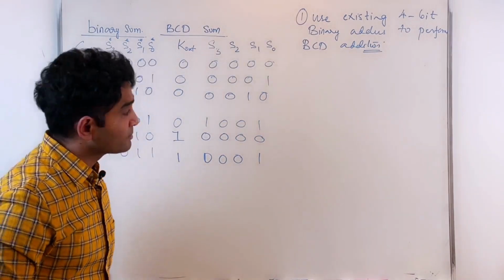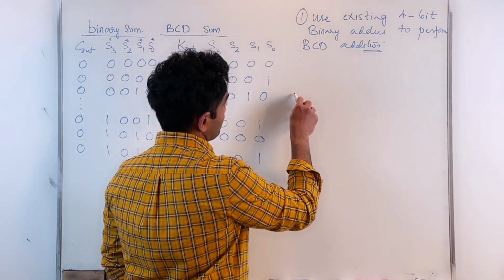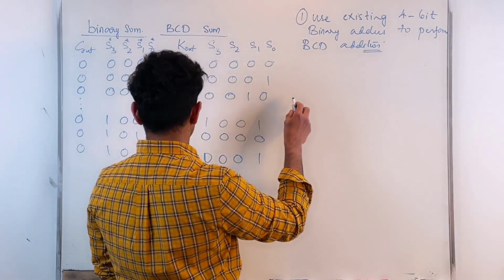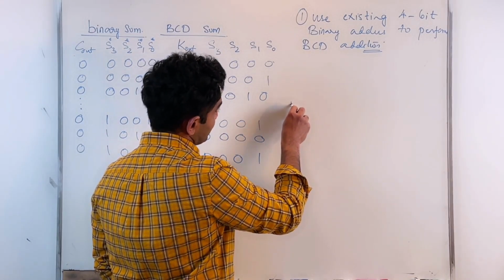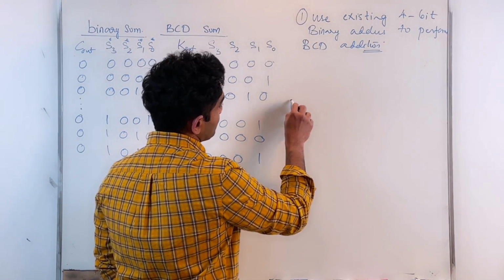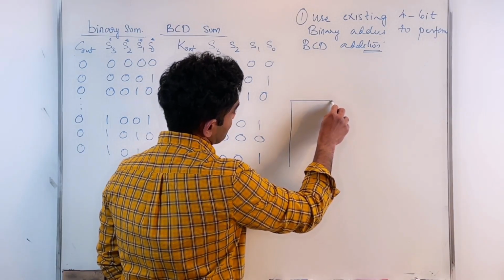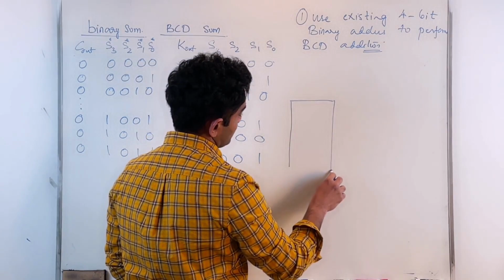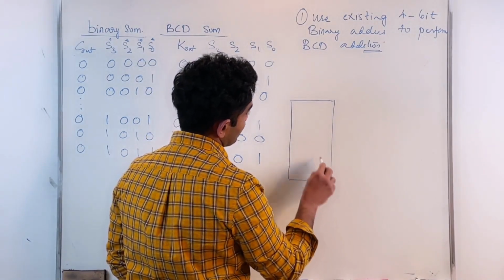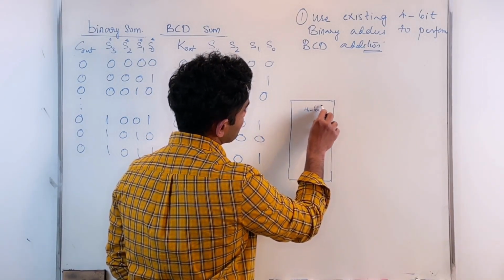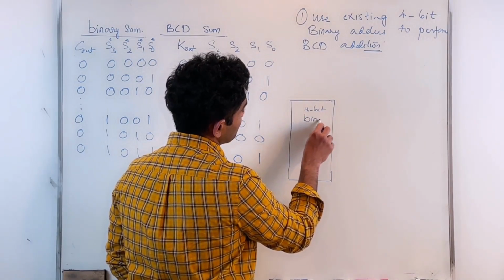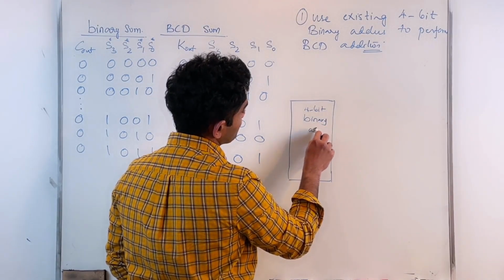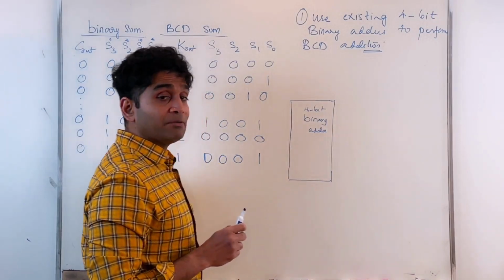What that means is I will take a 4-bit binary adder to which I'm applying my BCD values.